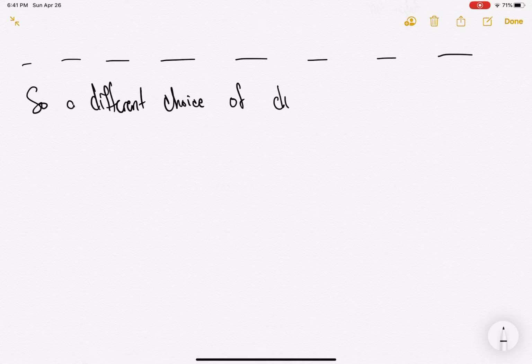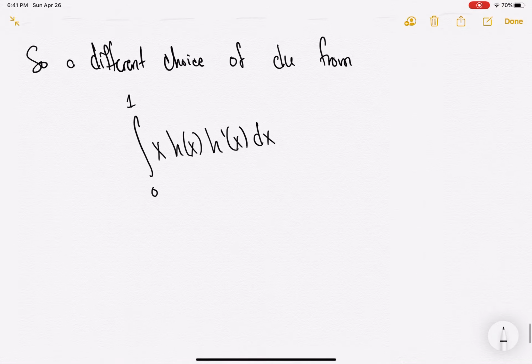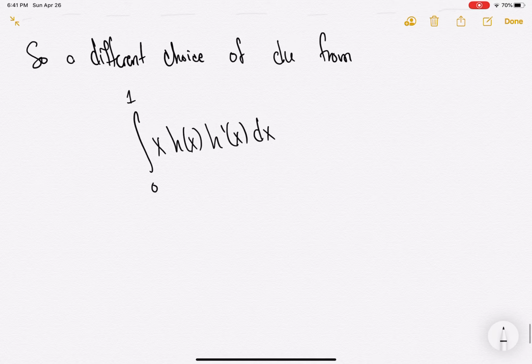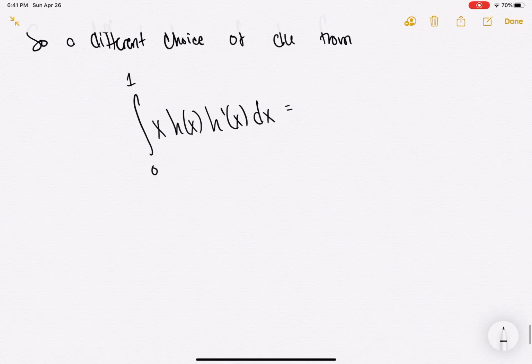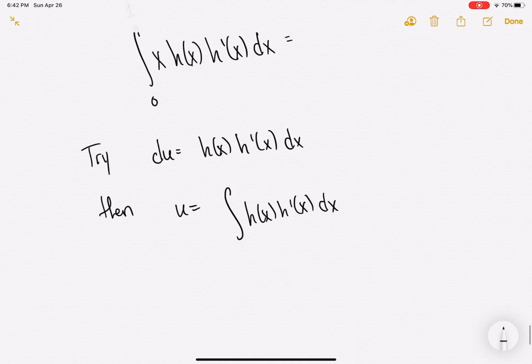Of du from this integral, 0 to 1, x h of x h prime of x dx. You guys are going to think this is crazy when I put it down, but let's try. If h prime didn't work, let's try du equals h of x h prime of x dx. Then u equals the integral here. And actually, this is integrable.